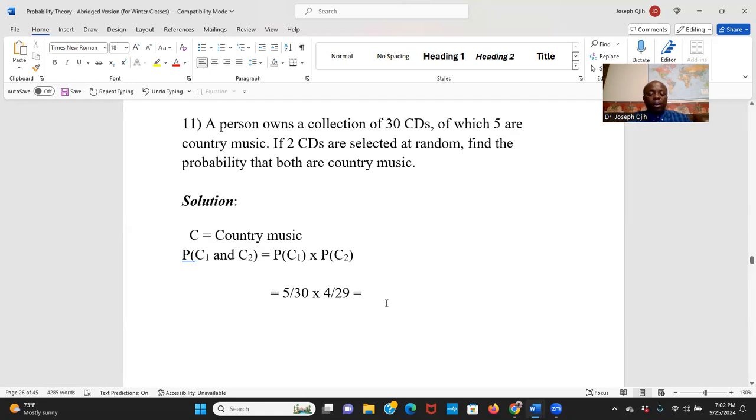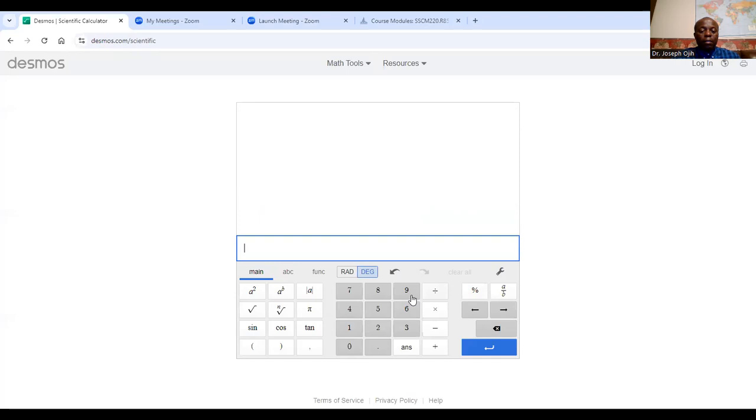So you have 5 over 30 times 4 over 29. So we got 5 divided by 30 times 4 over 29, which is 0.023.